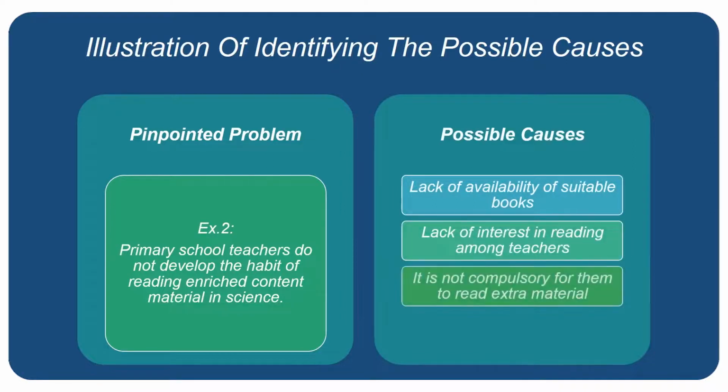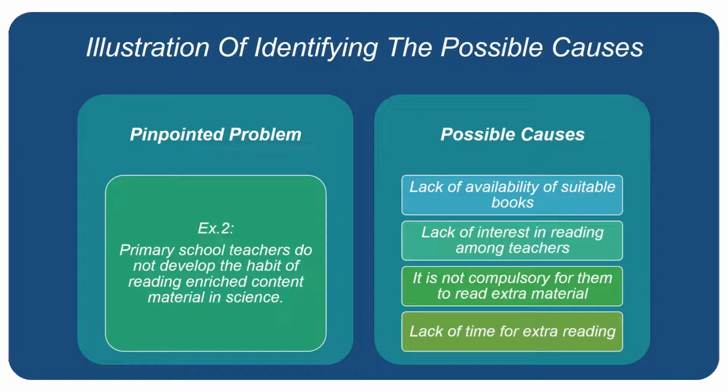Then lack of interest in reading among teachers could be another cause. Another cause could be that it is not compulsory for them to read extra material, so teachers may say no, we are not going to. Or lack of time for extra reading. Many times teachers are overburdened with the normal activities, so they find hardly any time for extra reading. So these could be the possible causes of the problem that we have in hand.